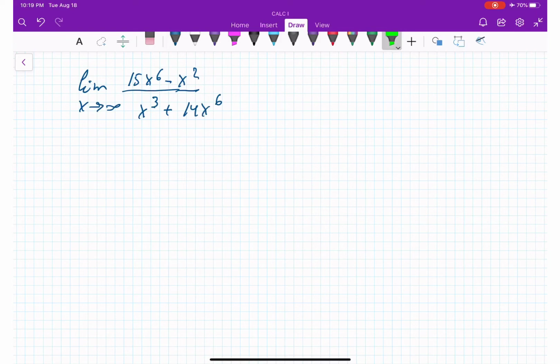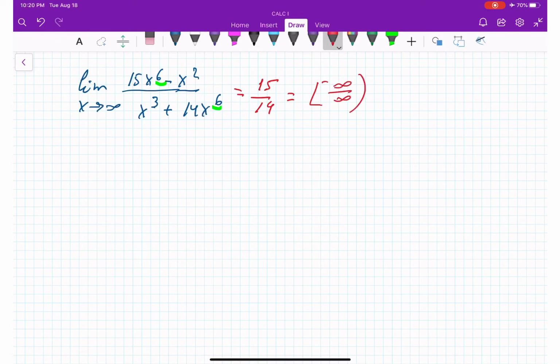What is the highest power in the numerator? 6. What is the highest power in the denominator? Also 6. So the degrees are the same, which means the answer is going to be the coefficient of the highest degree in the numerator, 15, over the coefficient of the highest degree in the denominator, 14. And that is for the case when we deal with infinity over infinity.